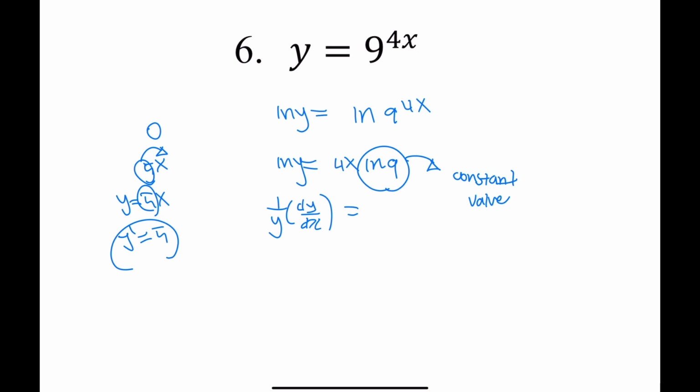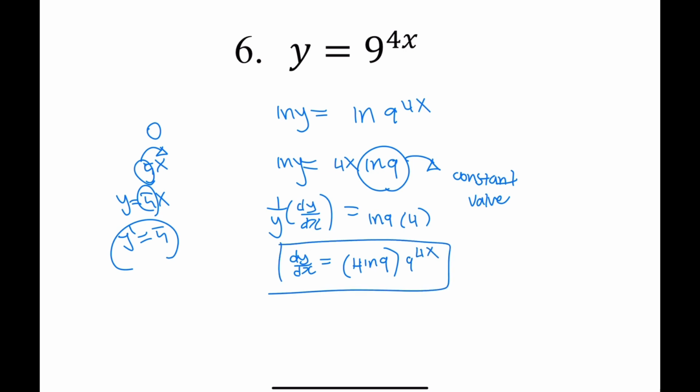So make sure that you're considering that while doing this example right here. So you leave the constant alone, so it's ln 9, right, times derivative of 4x, which is 4. So that's pretty simple. And then dy over dx is going to equal 4 ln 9 times our y value, which is 9 to the 4x.